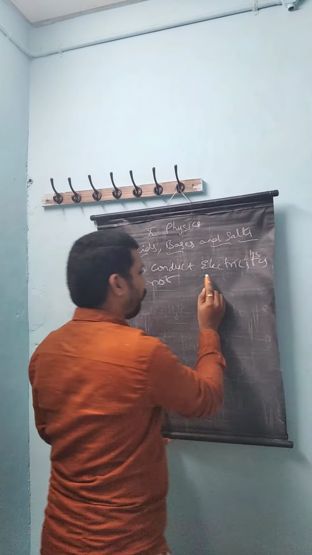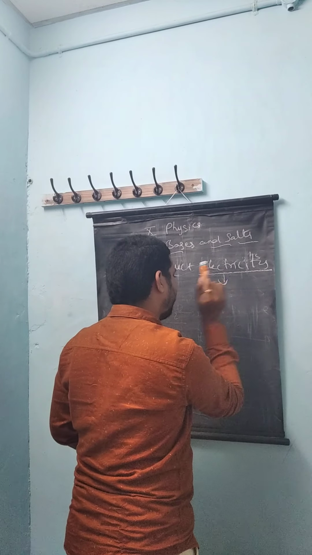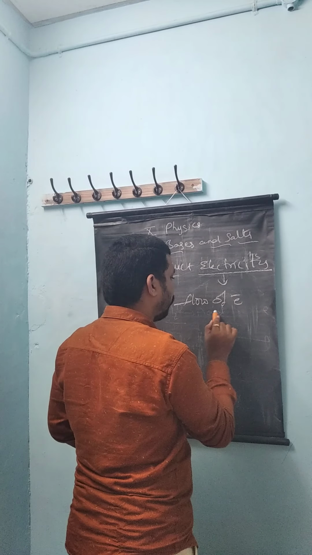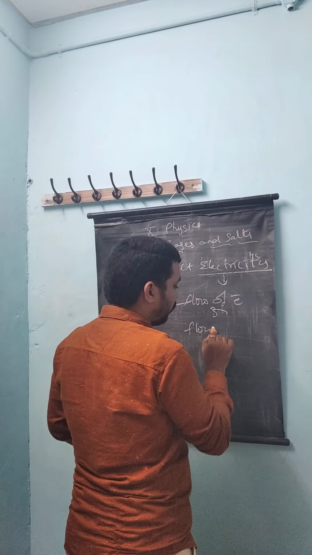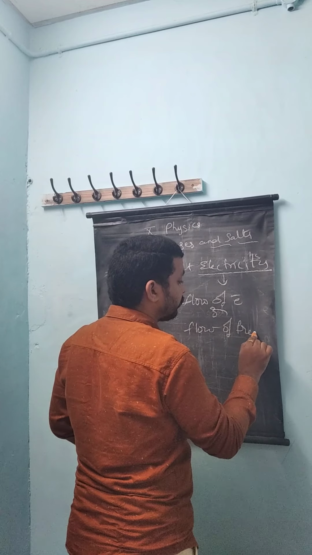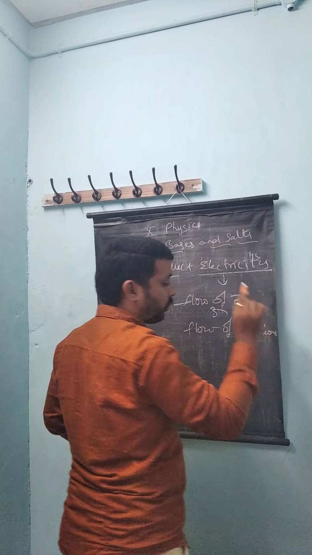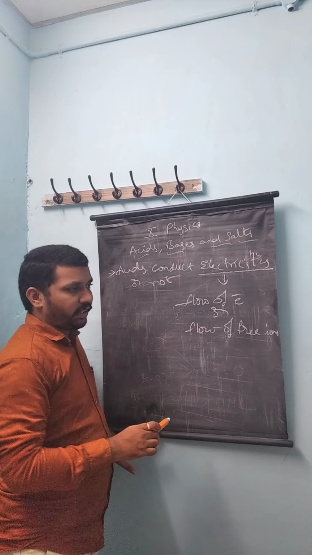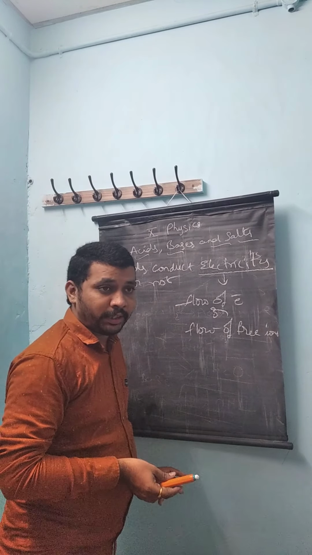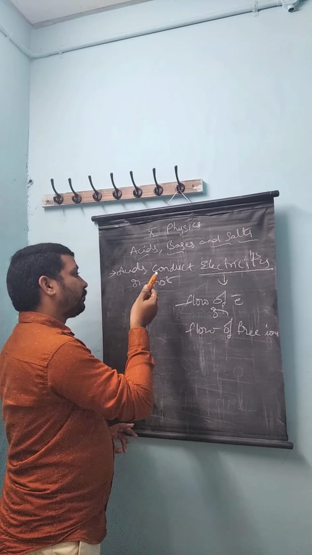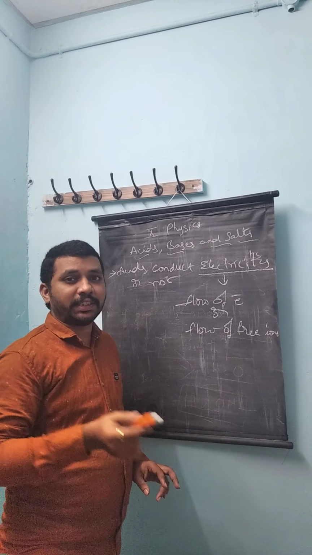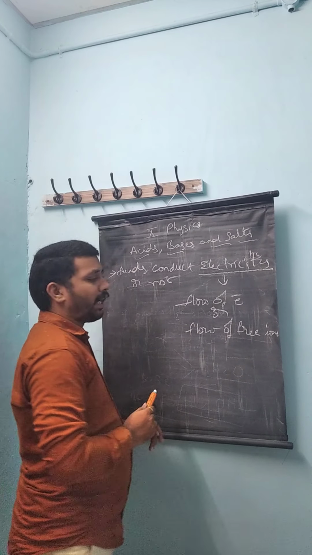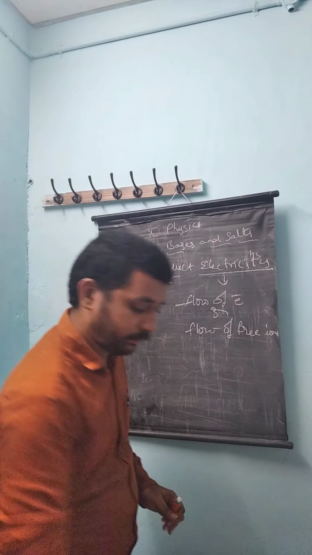For the production of electricity, we require a flow of electrons or a flow of free ions. In this activity, we are trying to investigate whether acid will conduct electricity with the help of hydrogen. Let's conduct.